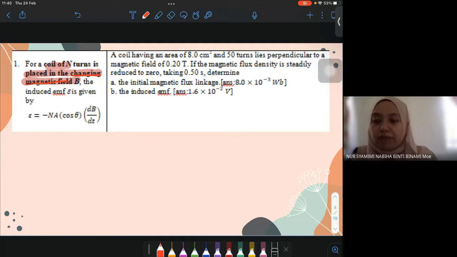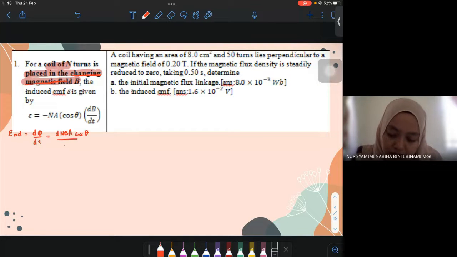Sebab kita tahu from Faraday's equation, formula for induced EMF, E induced equals to d flux over dt, which is d NBA cos theta over dt.